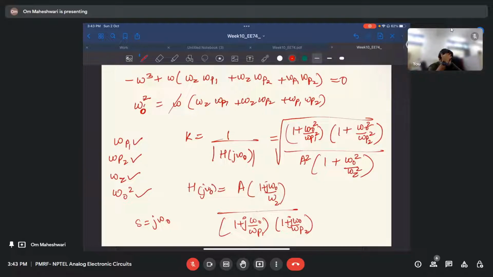All these values we know, we can find it, and it will come out to be 0.35. If we take 20 log 0.35 for dB, it will be minus 8.95 dB. This is our gain margin in dB.